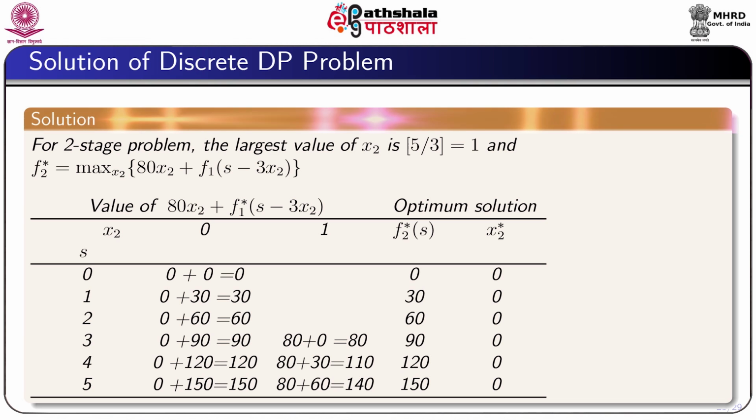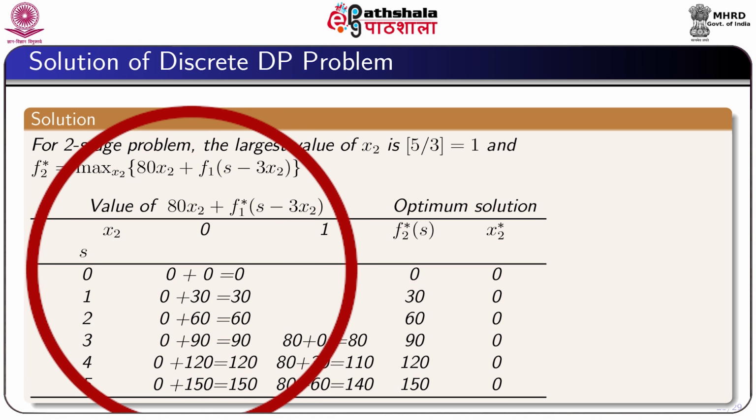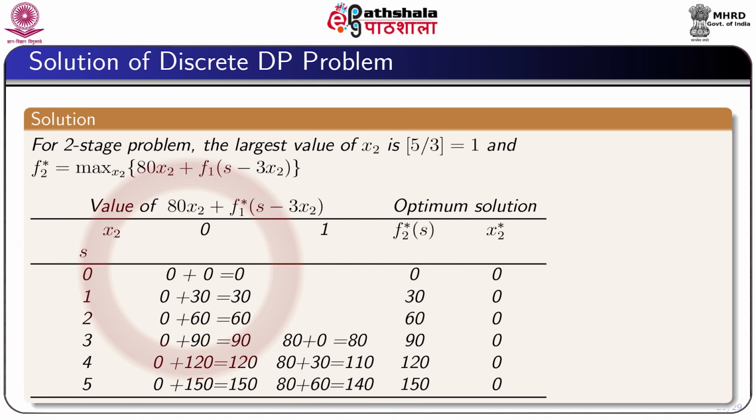For the two-stage problem, the largest value of x2 is equal to 1, and we use the recurrence relation f2* equal to the maximum of 80 x2 plus f1*(s - 3 x2), and here s also can take the values 0, 1, 2, 3, 4 and 5, but x2 can take the values 0 and 1 only.